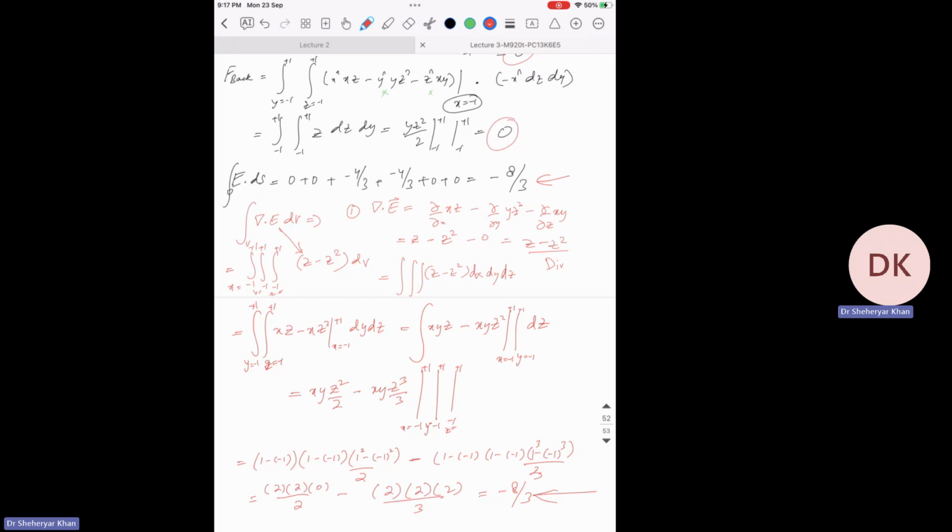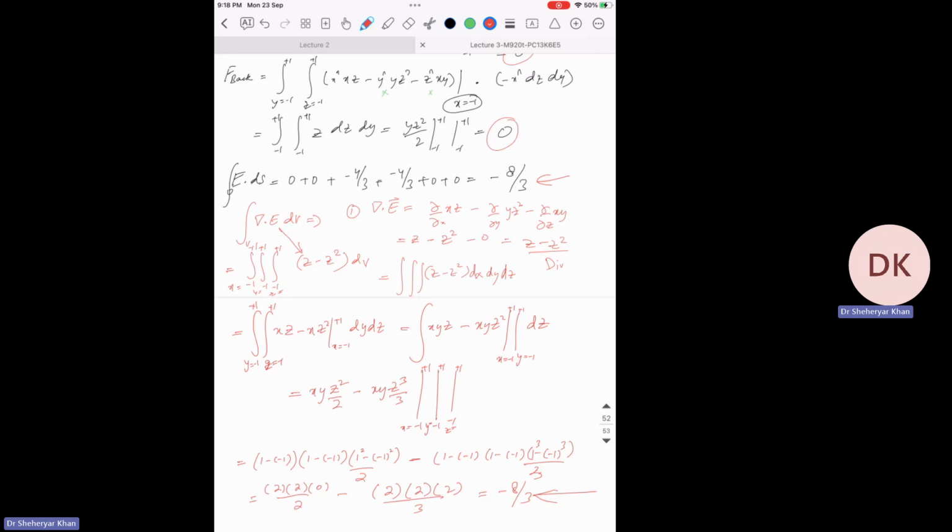Z square becomes z cube by 2. You can also make it simple. For example, you can take this common outside. You see, this is square, right? This will make it 0. 1 square minus 1 is 0. But cube cannot. This becomes this, because we have to put two limits, upper limit and lower limit.